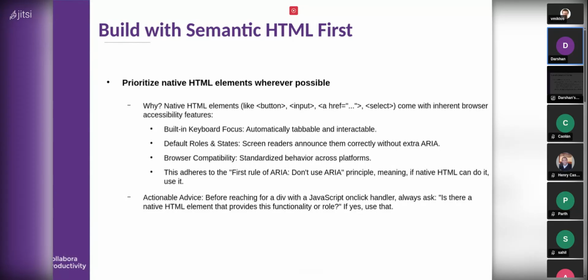The fundamental principle is simple: prioritize the HTML element first, because elements like button, input or select come with built-in accessibility. They are automatically keyboard focusable. Screen readers will understand their default roles and states, so they are highly compatible across all the browsers.